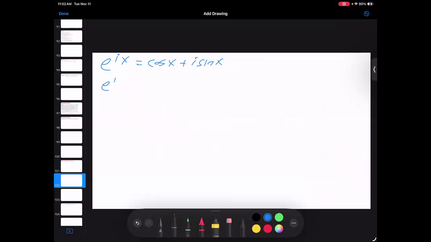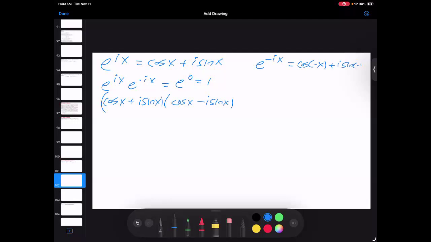Okay, what's e to the ix times e to the minus ix? E to the 0, which is 1. But this is cosine x plus i sine x, times e to the minus ix, which is cosine negative x plus i sine negative x. But cosine is an even function, so it's just cosine x.